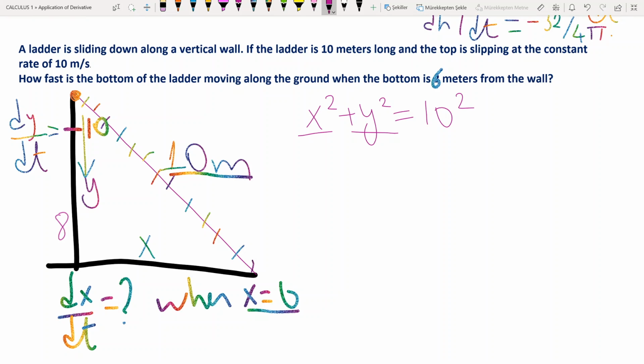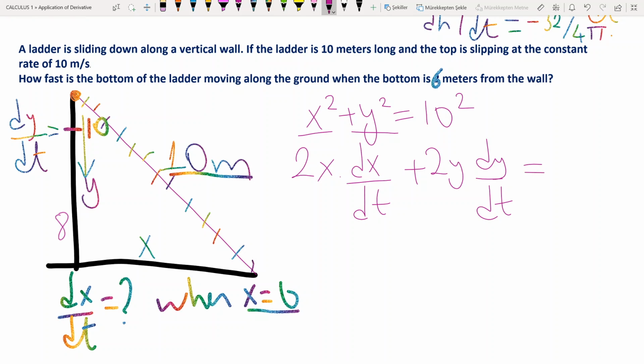When we differentiate each term with respect to t, we have 2x times dx over dt plus 2y dy over dt, and the derivative of the right hand side is equal to 0. I implicitly differentiate this equality.